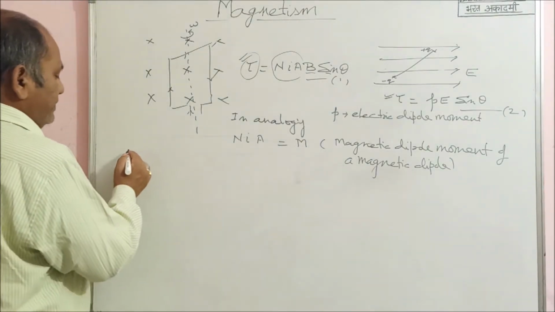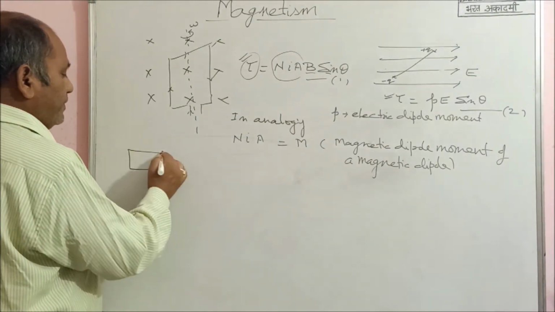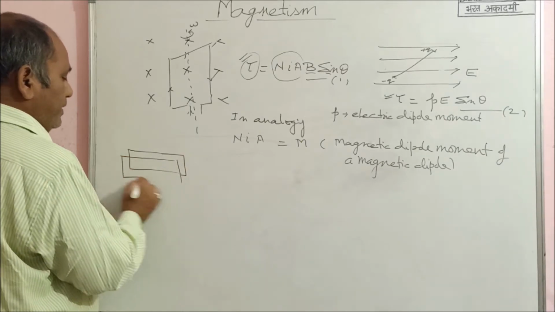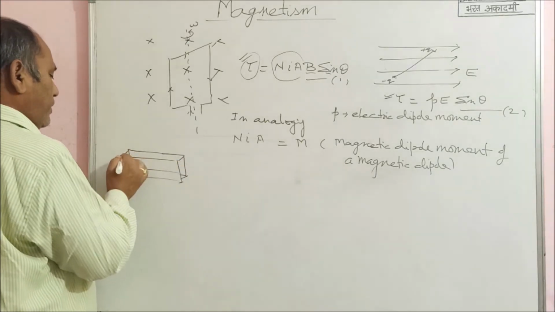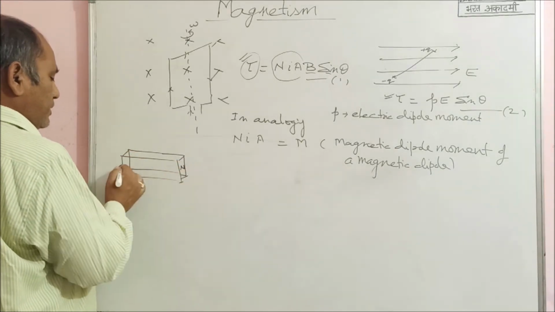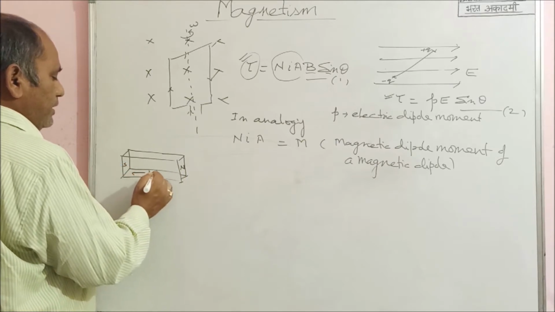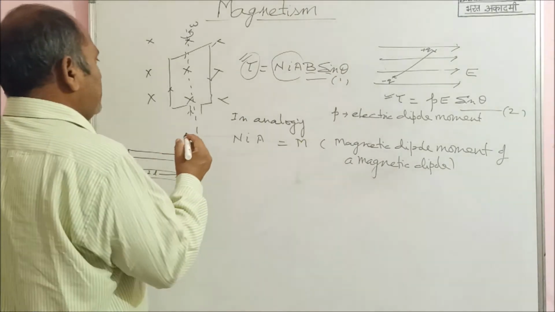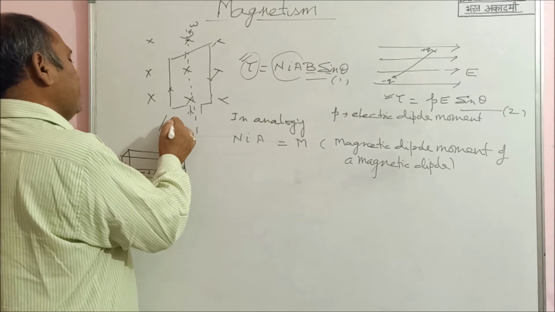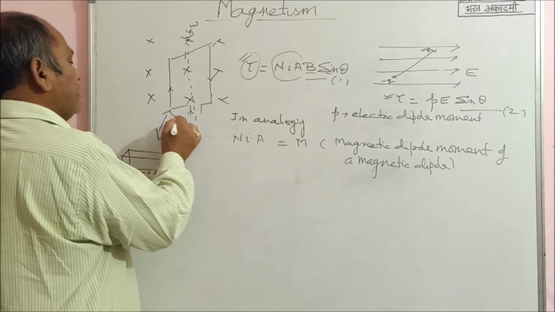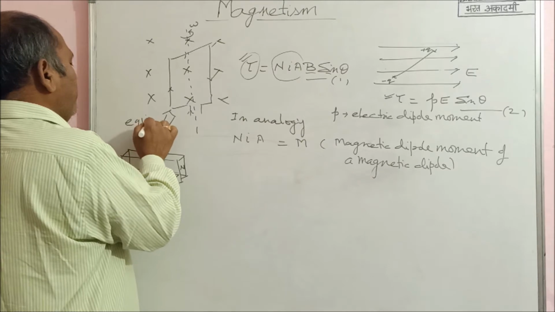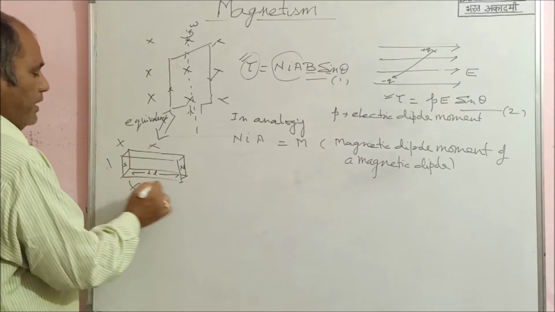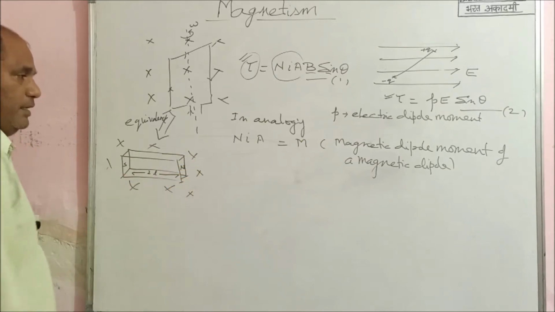So a bar magnet is just a suitable example of a magnetic dipole, north, south, length is 2L, just like that electric dipole we are having, right? So this rectangular coil is just an equivalent of a bar magnet placed inside a uniform magnetic field, right?